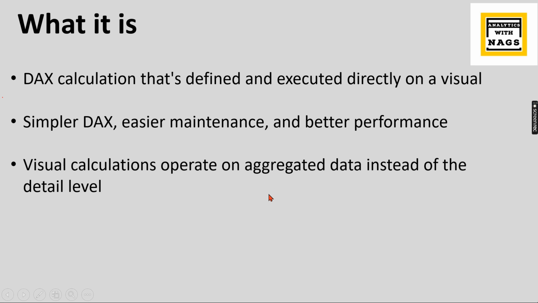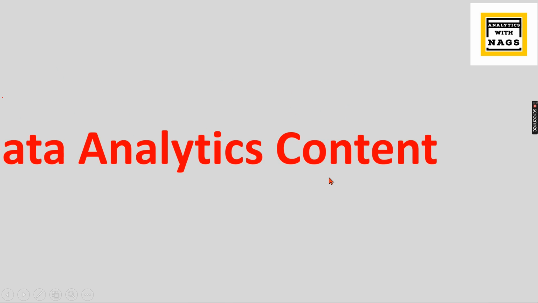Then your visual calculation works only with these 5 aggregated rows, whatever columns it displays. That is why it is more performant than other DAX calculations, which work on the entire model. So this is what it's all about, and there are a lot of limitations as well that we will discuss at the end of the video.